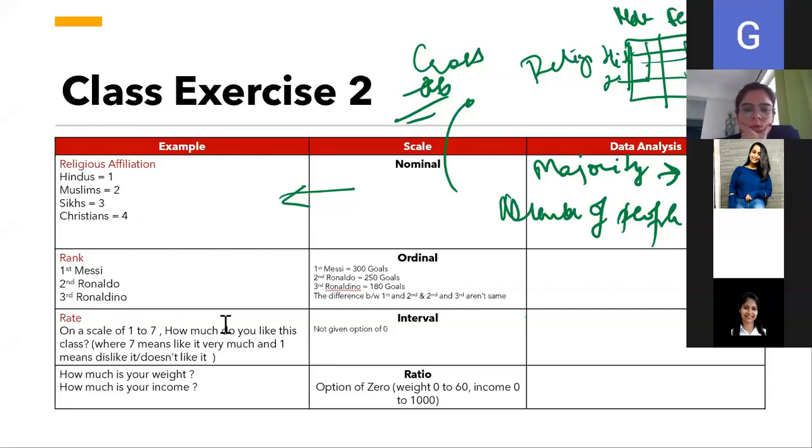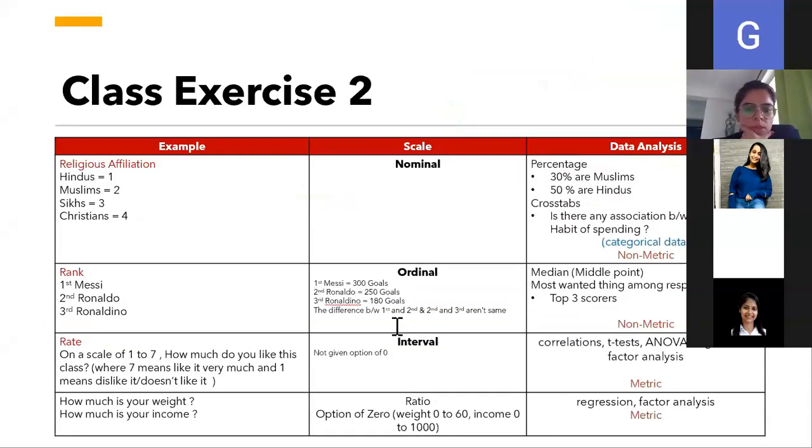Okay, so next is ranking. If you have ranking, say first, second, third, what kind of analysis can you do? Or if you have rating or ratio, let me show you this. If you have ranking, you can tell who are the top 3 scorers, or which is the most wanted thing.